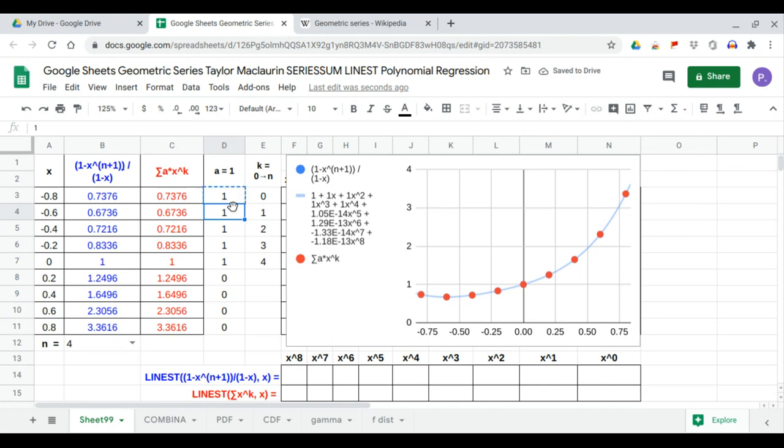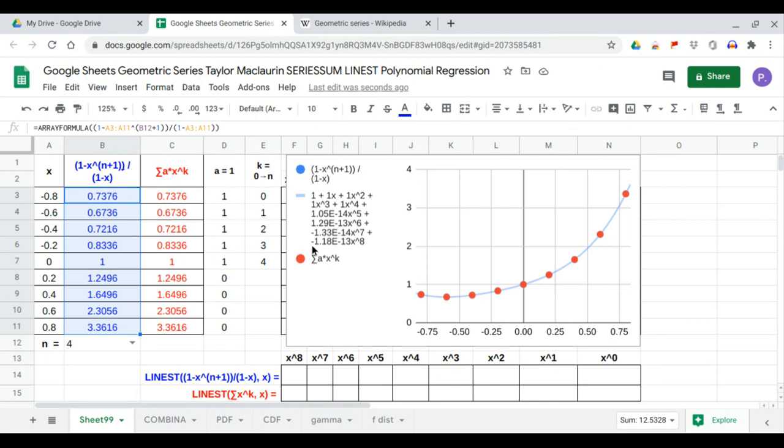So here we have the dataset of the Taylor-Maclaurin series expansion that matches the geometric series.